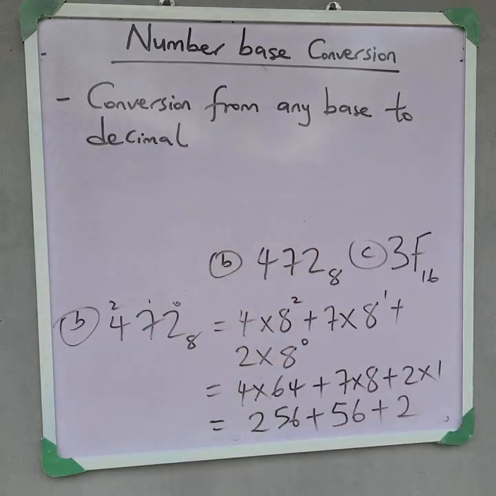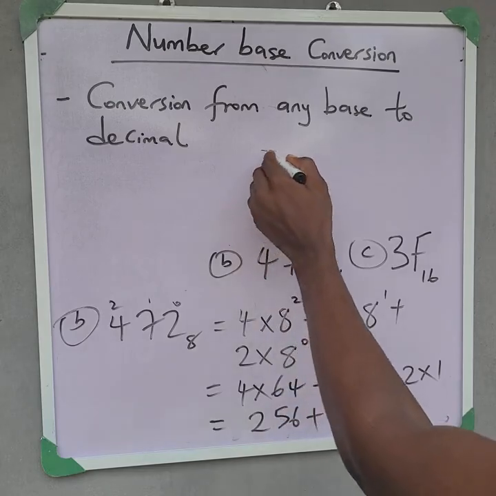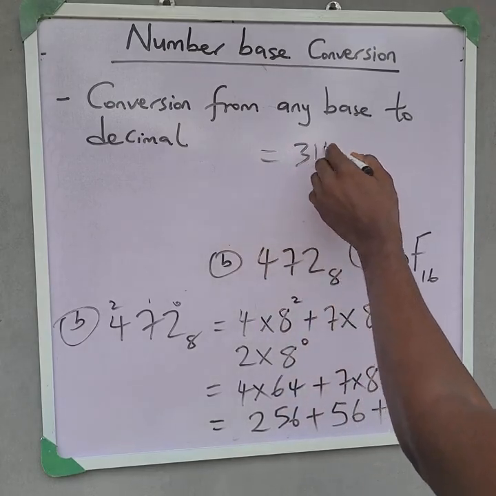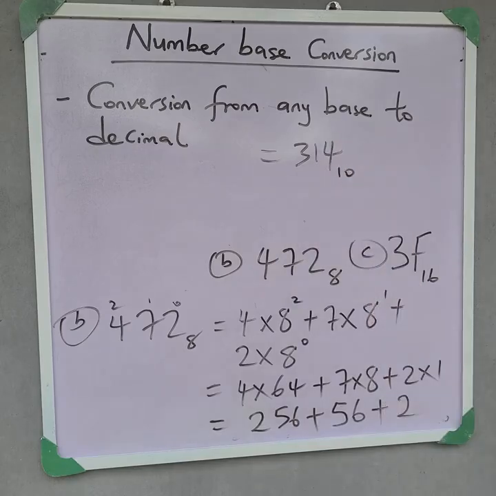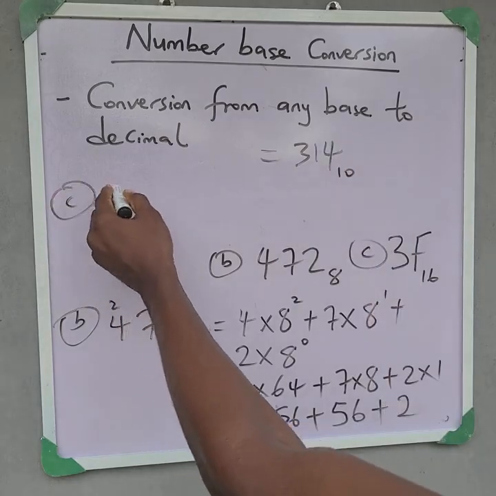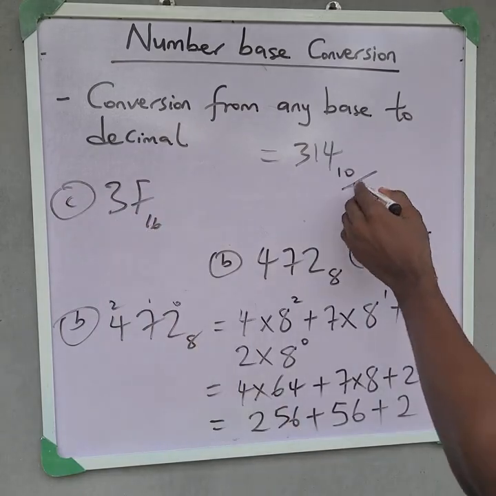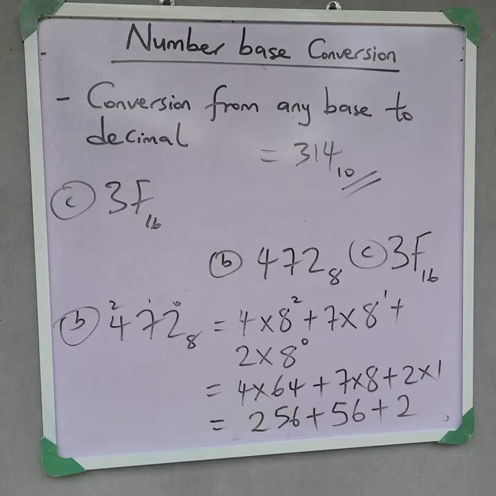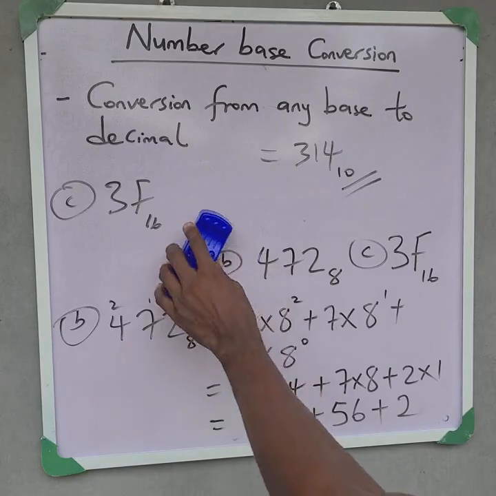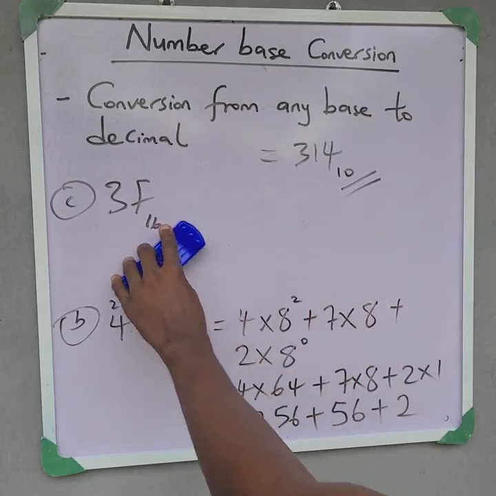You have 256 plus 56 plus 2. When you sum this up, you have 314 in base 10. So this is how to convert from another base to base 10. We've done this one, and we'll go over to the other one.